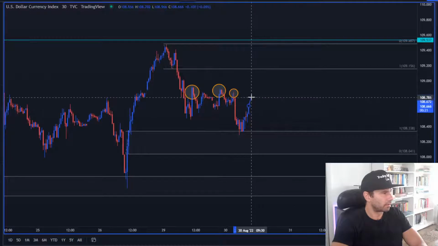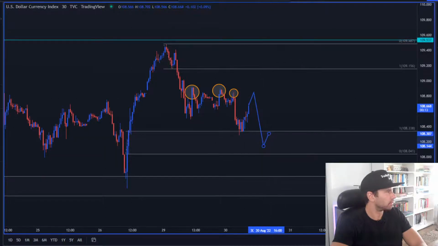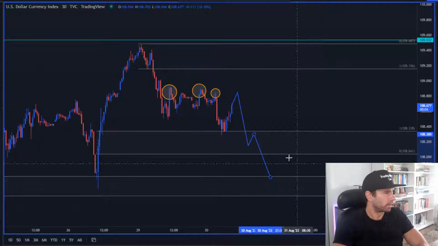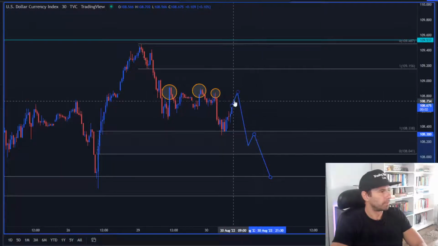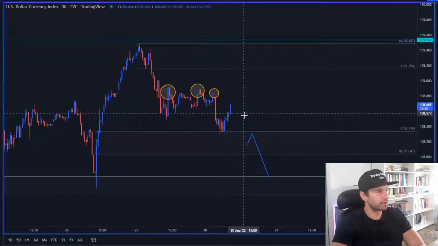Whereas if the dollar comes to these pivots and starts to drop and then continues to go down, this would mean more bullishness on the equity markets, right? So those are my three likely scenarios.